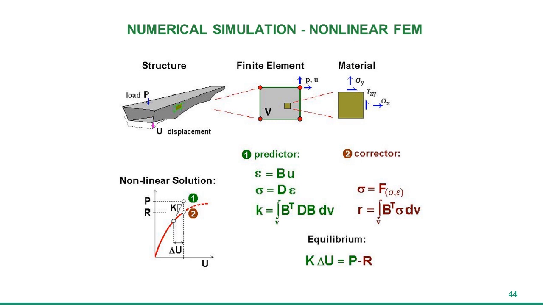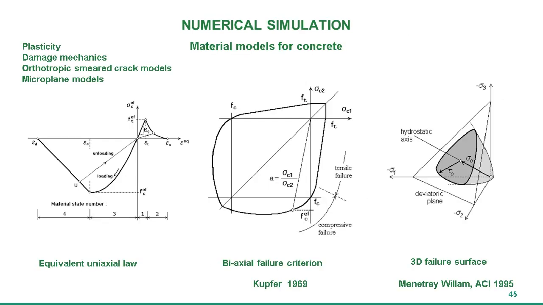That means at this point we are violating the equilibrium. The forces in the structure are not equivalent to the applied forces. An iterative process is used to redistribute these stresses to the rest of the structure. This is a very brief summary of the principles of the nonlinear method when applied in finite element analysis.